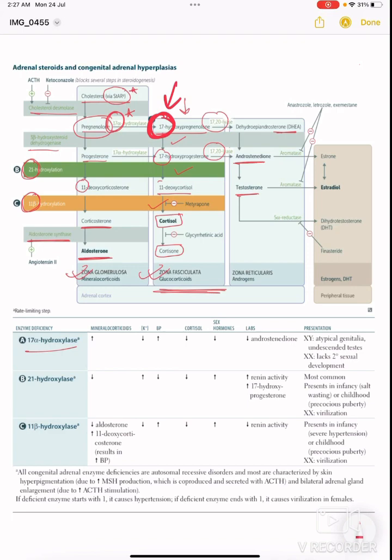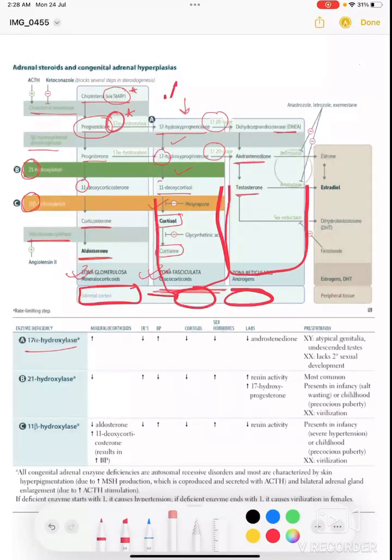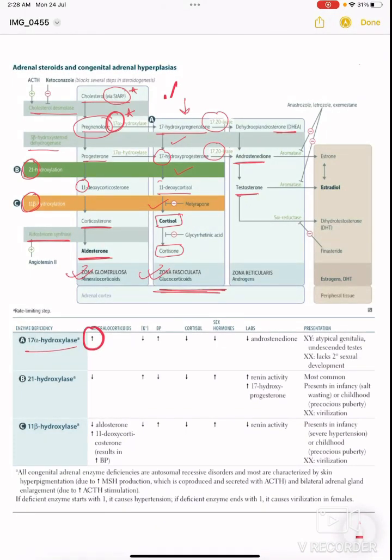This whole cortisol pathway will not work, and also the sex steroids will not work, because 17 alpha hydroxylase helps in shunting the molecules from the mineralocorticoid pathway to the cortisol pathway. That's why the amount of mineralocorticoid present over here will go up, because these pathways are not working, so everything will be shunted in this one.